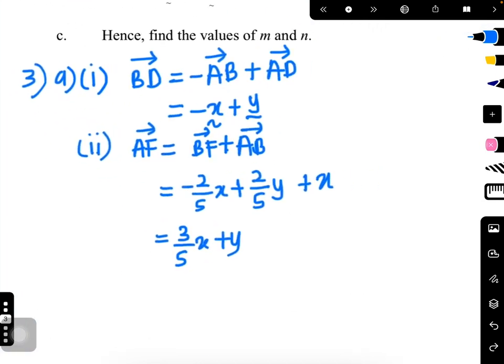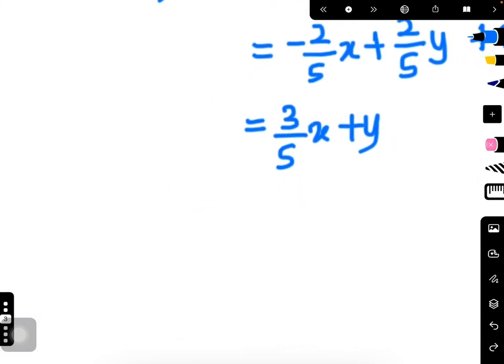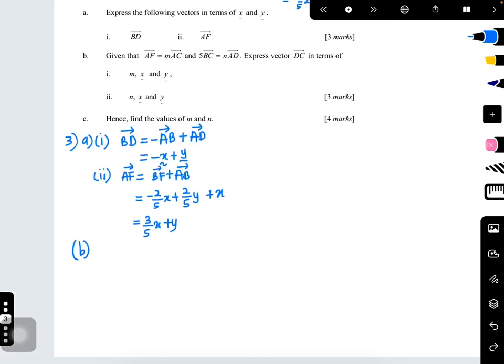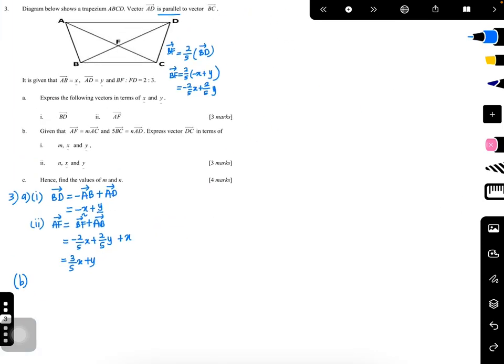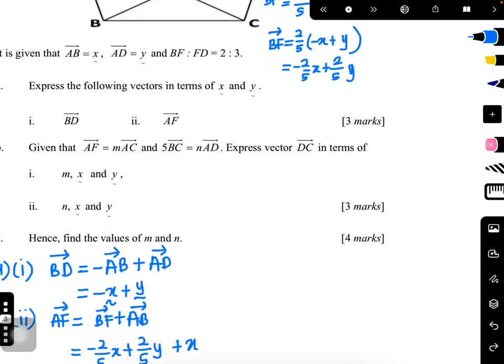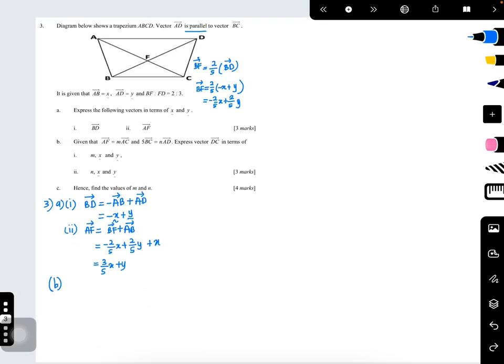Okay, for 3b, given that AF equals mAC and 5BC equals nAD, we can see the constant here, so it means that this is involving a parallel vector.